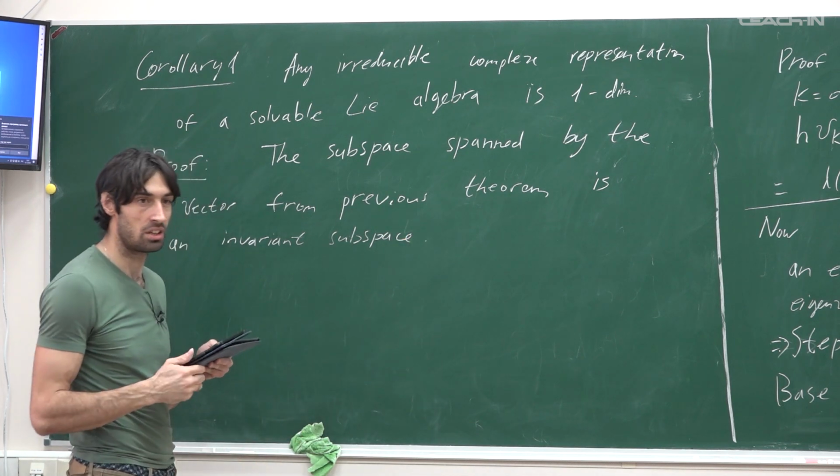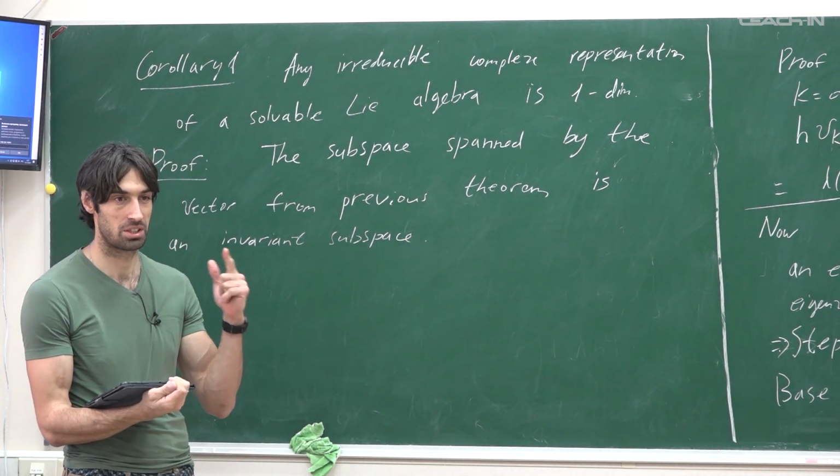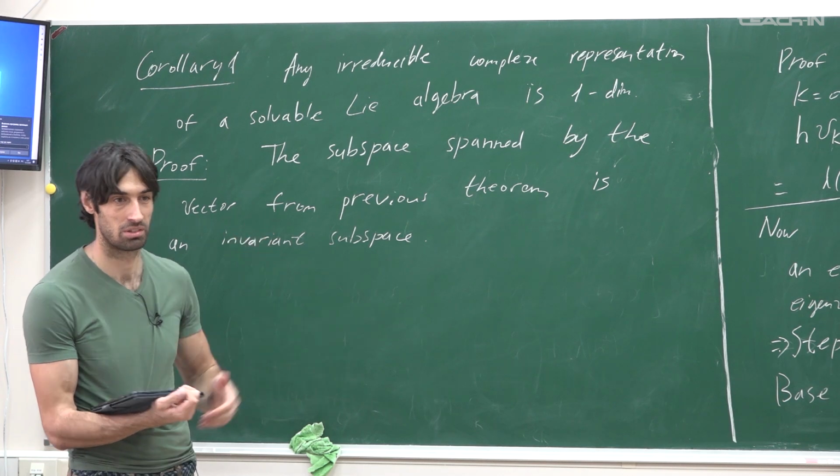So therefore, any representation has a one-dimensional invariant subspace. So therefore, any irreducible one is one-dimensional.